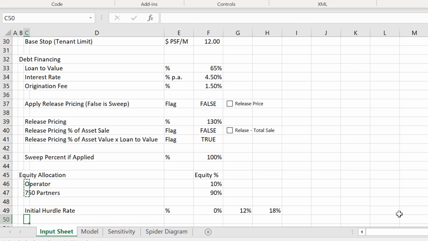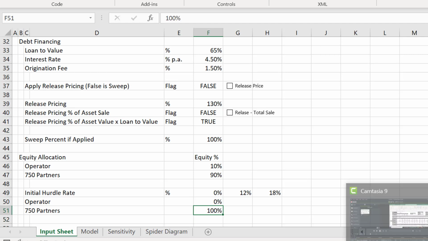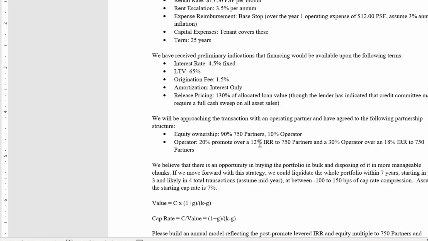So the operator gets 0% here, and the investor gets 100%. But if we're over 12%, then we're at 20%, and then 30%.